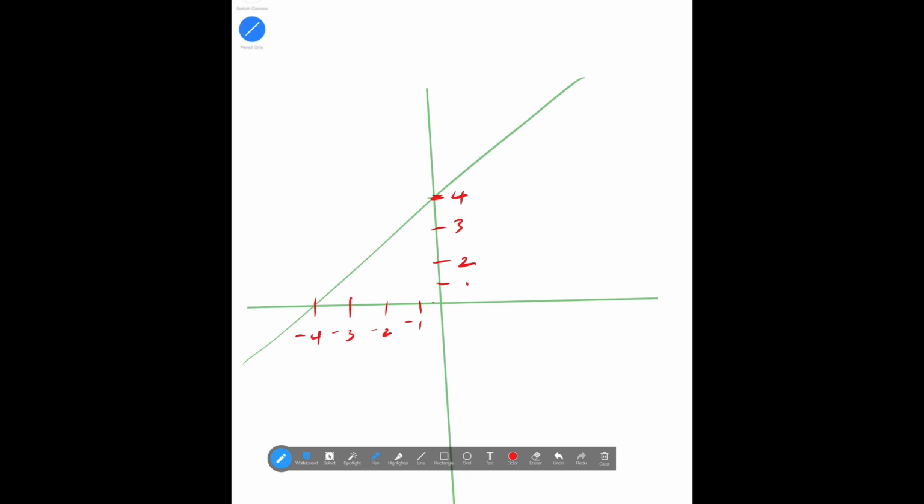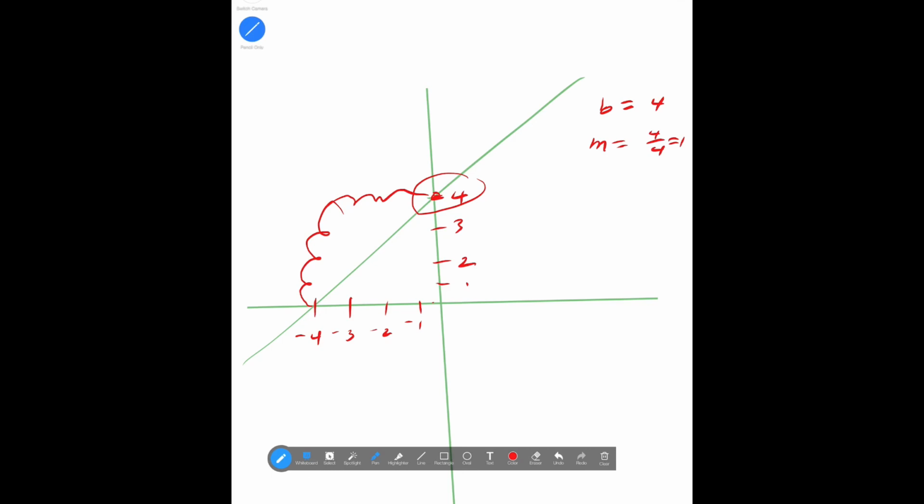All right. Okay. So remember, to find the equation for this line, you need two things. You need your b, which is the y-intercept right here. And you need your m, which is rise over run. Okay. Remember rise over run? Up 1, 2, 3, 4 over 1, 2, 3, 4. All right. So 4 over 4, which is 1.